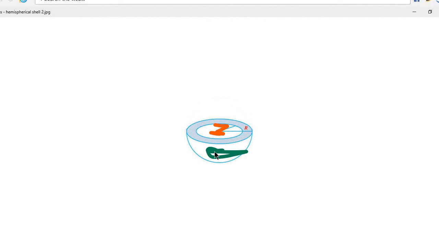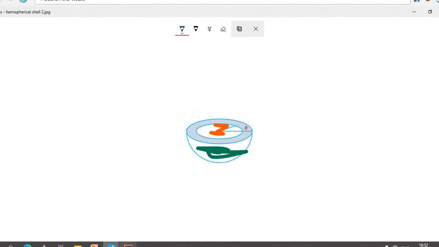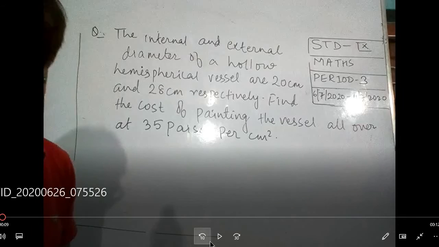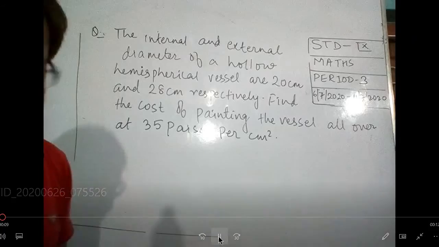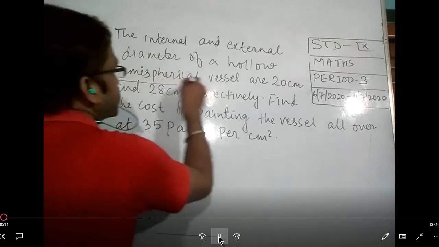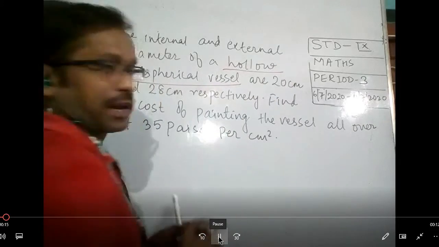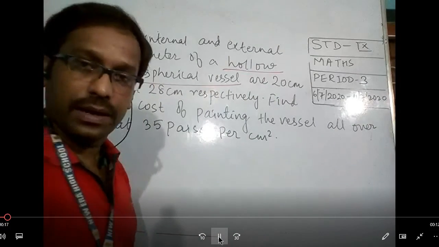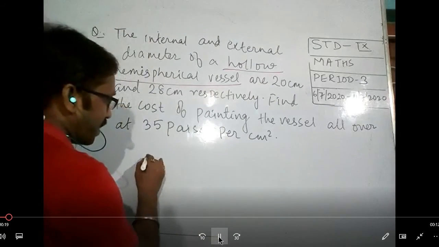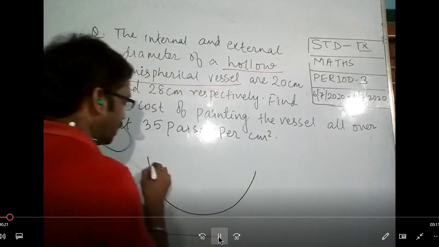So these two surfaces I have to paint, inside and outside. What will that measurement be? It will be clear in this video. Just watch this, and the cost is also given here. So just see this video. One more thing is given: hollow hemispherical. What is hollow hemispherical? So this is one term, hollow hemispherical. Okay, like this.